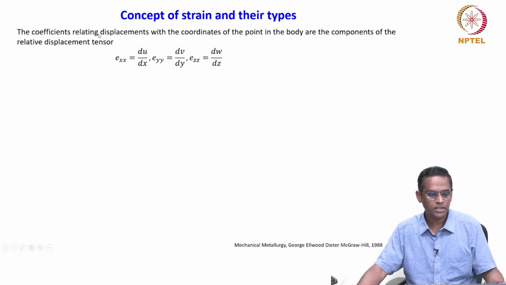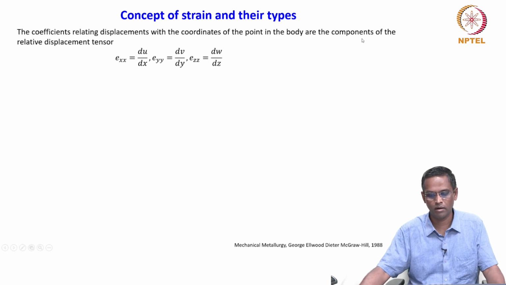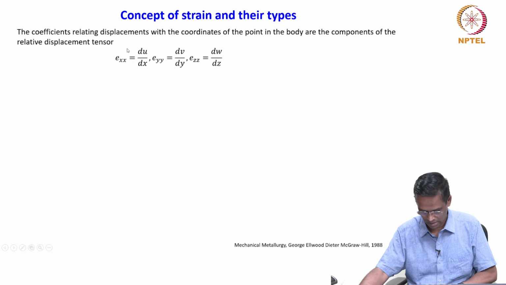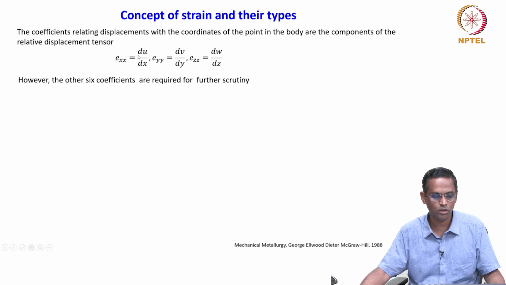So the coefficients relating displacements with the coordinates of the point in the body are components of the relative displacement tensors. So you can see that Exx was shown to be du by dx, and Eyy is dv by dy, and Ezz is equal to dw by dz.